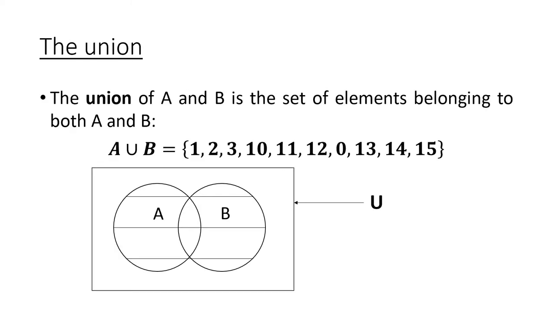And we start with the union. By definition, the union of two sets is a set which contains all the elements belonging to those two sets. So the union of A and B is the set of elements included in A or B. So pay your attention, this is the symbol we use in order to denote union, and this is the graphical representation.